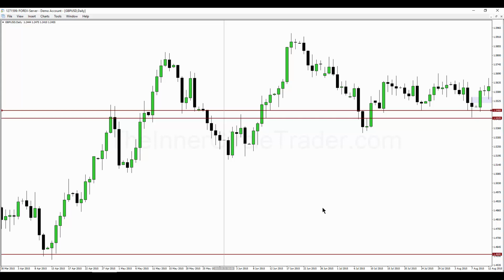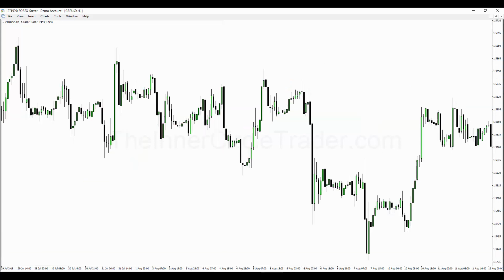So let's take a look at an hourly chart at that same time on August 12th. Here we have the market making a high, a higher high, and a lower high, and we have two equal lows in here. So we have what? We have a head and shoulders pattern. Retail traders are going to see that as a selling scenario.